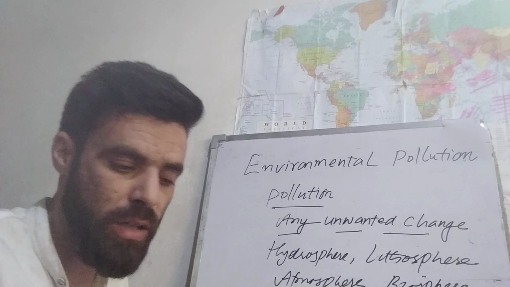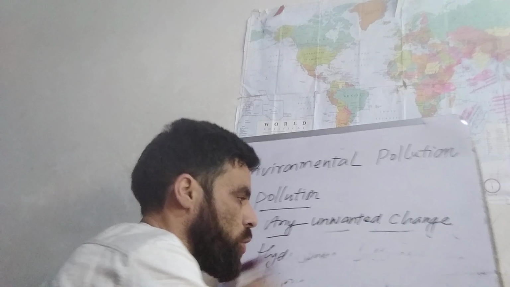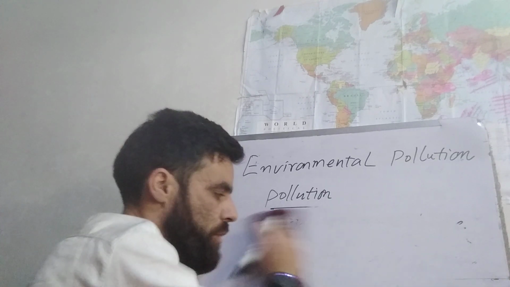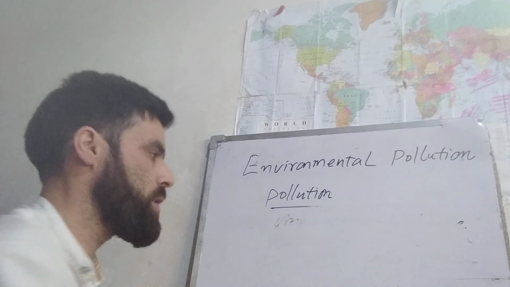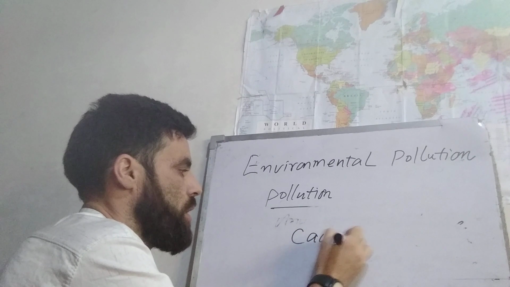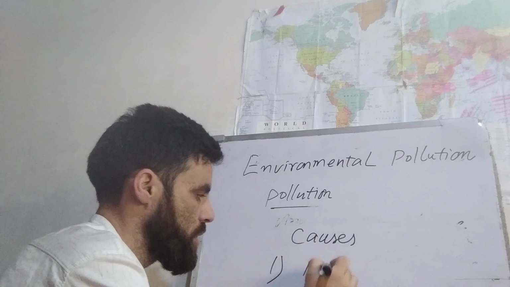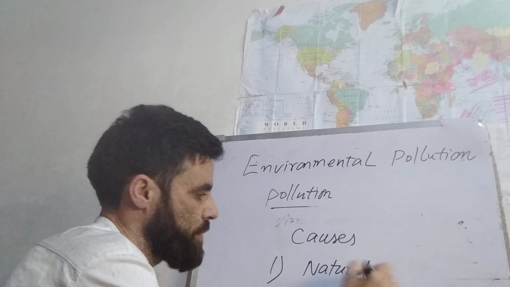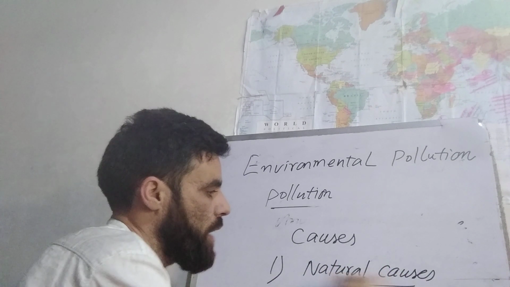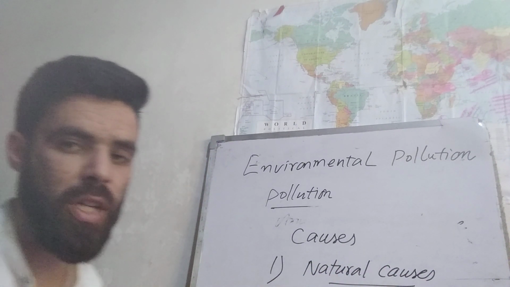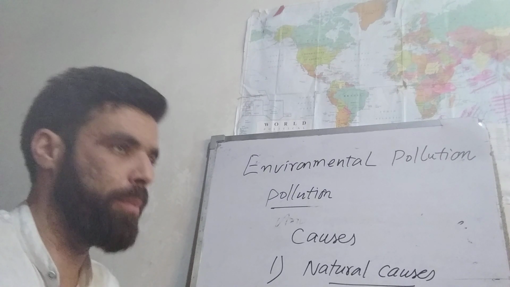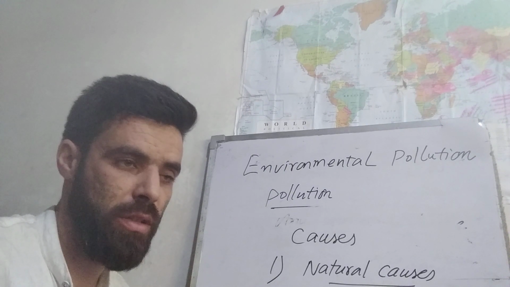There are various causes, various reasons for pollution, and if we broadly categorize those causes, we have two types of causes. Cause number first is natural cause. There are the natural causes which can aggravate the pollution in the environment.